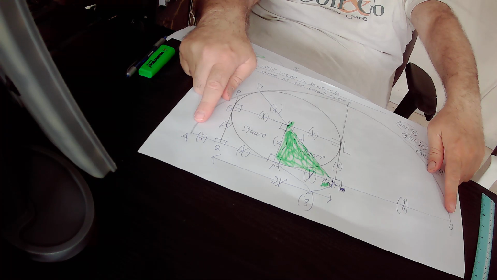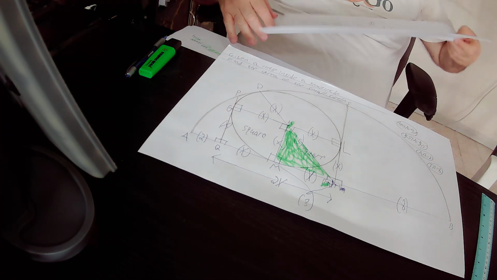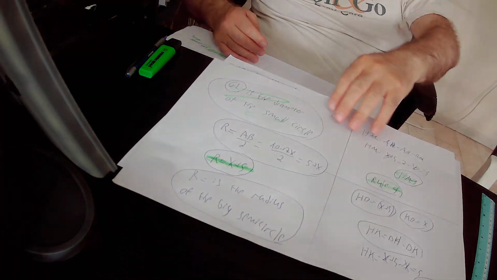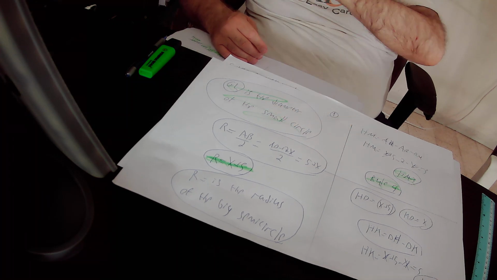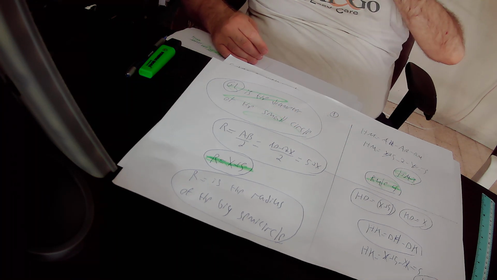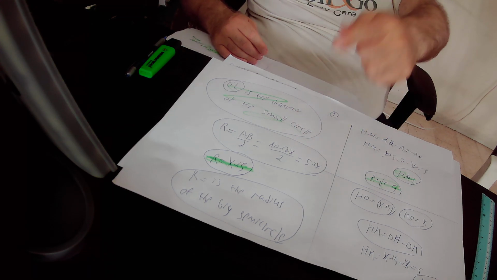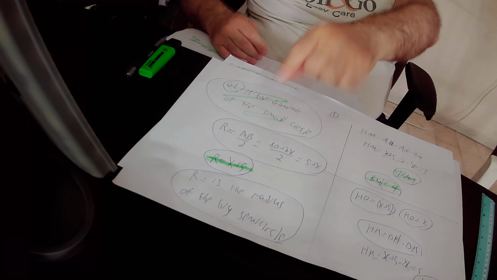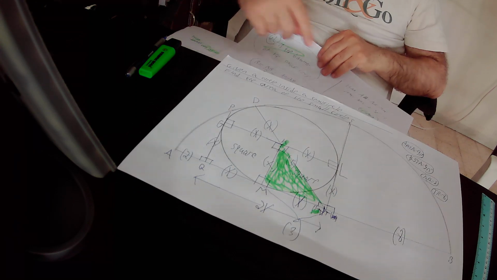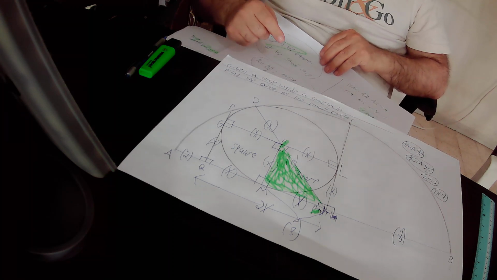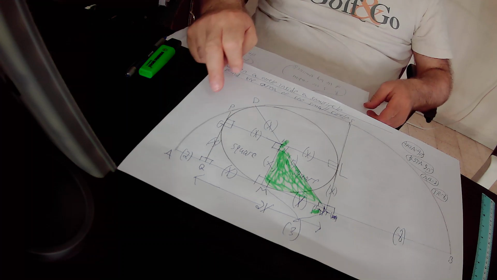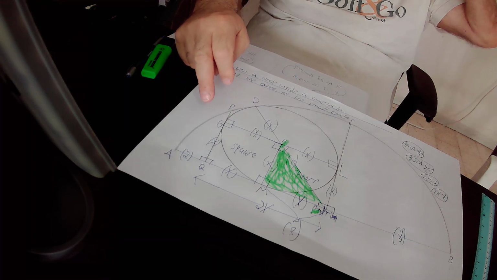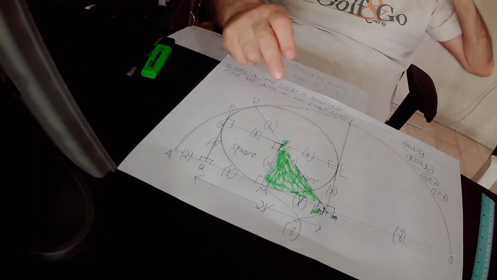So AB equals 10 plus 2x, and 10 plus 2x over 2 is the radius of the big semicircle, capital R. So capital R equals 10 over 2 is 5, and 2x over 2 is x. So in total, capital R, the radius of this big semicircle, equals x plus 5 units in length.